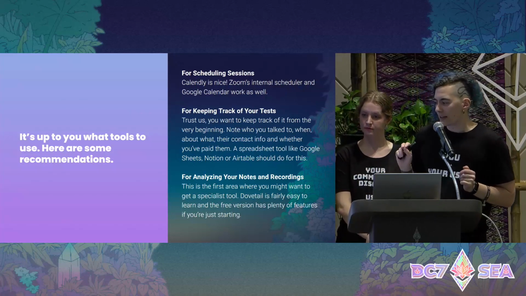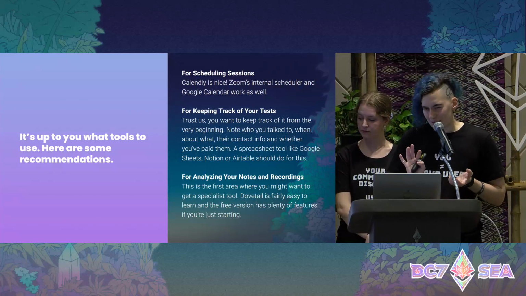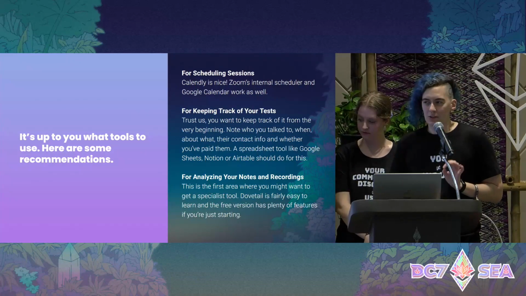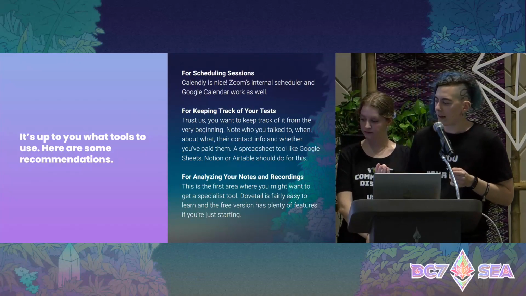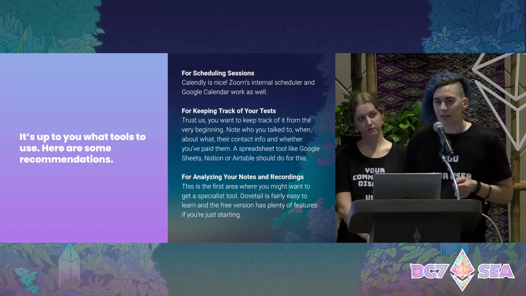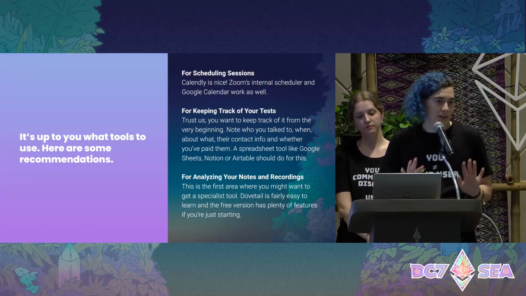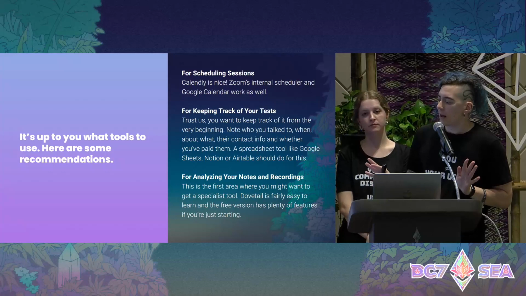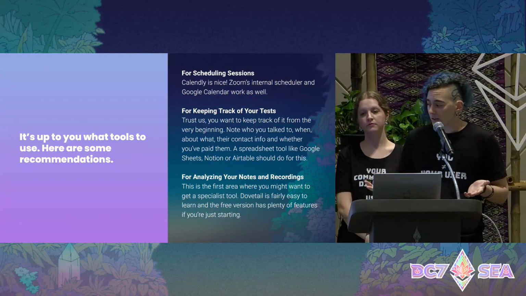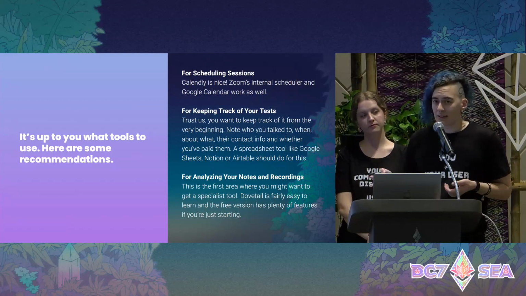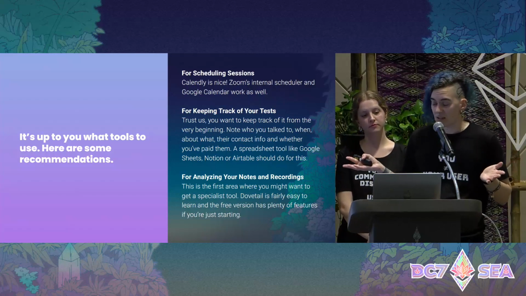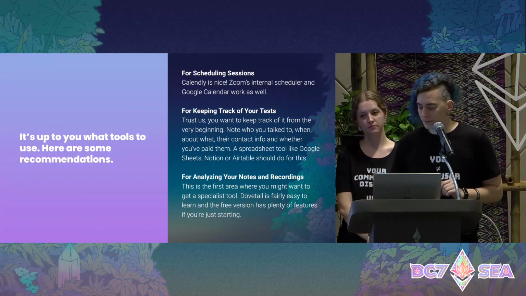For storing and analyzing notes and recordings, it's probably worth it to at least look into a specialist tool. Both Mindy and I use Dovetail, and it's not the only one out there, but it's quite easy to learn, and it has a free version that has plenty of features that should cover you if you're just starting.